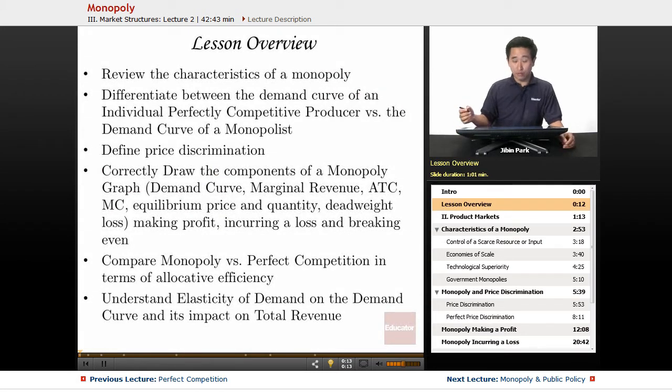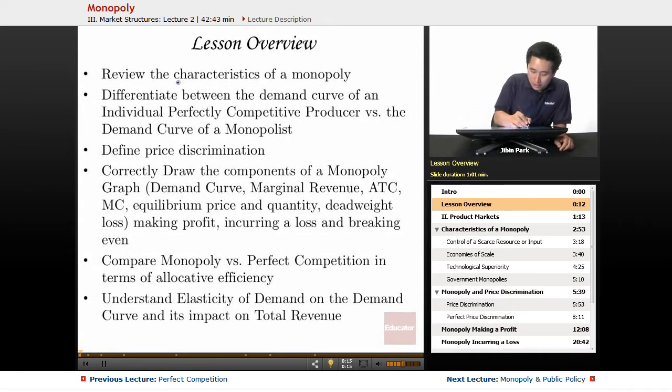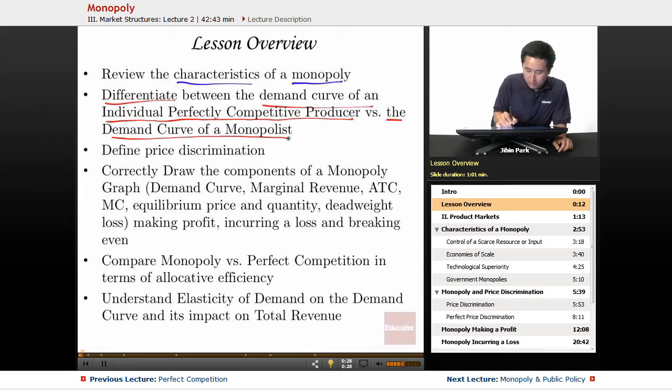So today's lesson overview, we're going to review the characteristics of a monopoly. We're going to differentiate between the demand curve of an individual perfectly competitive producer versus the demand curve of a monopolist.